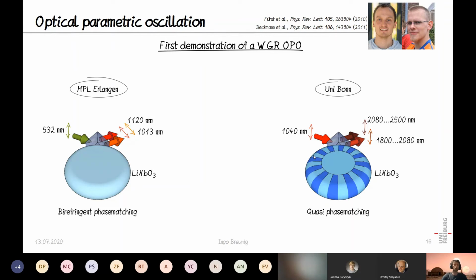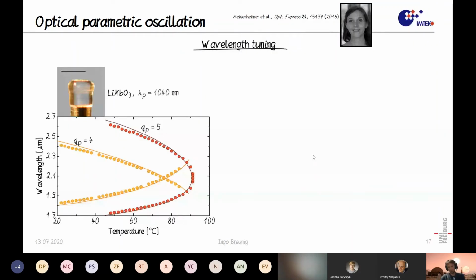And as I told you, you can tune the output wavelengths of such an OPO just by changing the temperature and changing the Q number, so the radial mode number of the pump. Here you see one example from our lab. We have the signal and idler wavelength on the y-axis as a function of the temperature of our resonator.